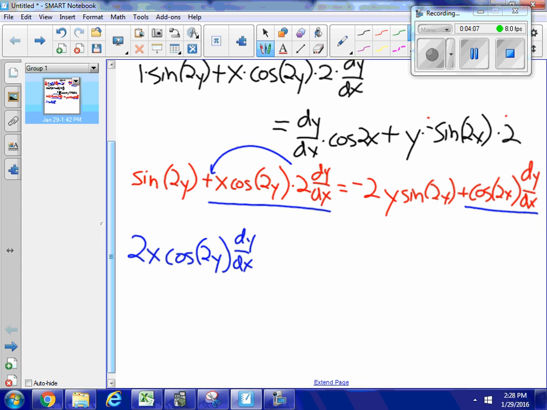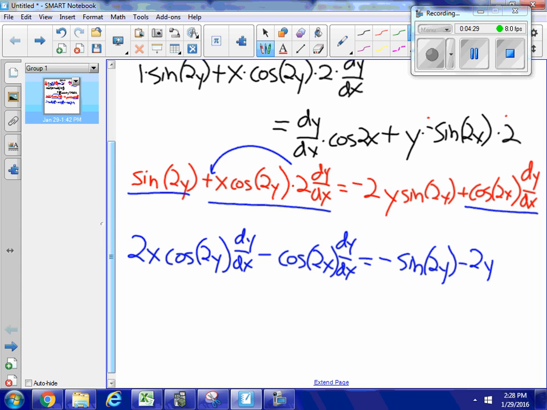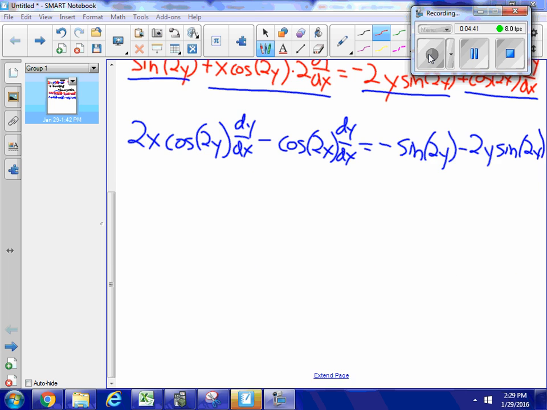So I have minus cosine 2x dy dx is equal to, well, I'm going to subtract this from both sides, so I have minus sine 2y minus 2y sine 2x.